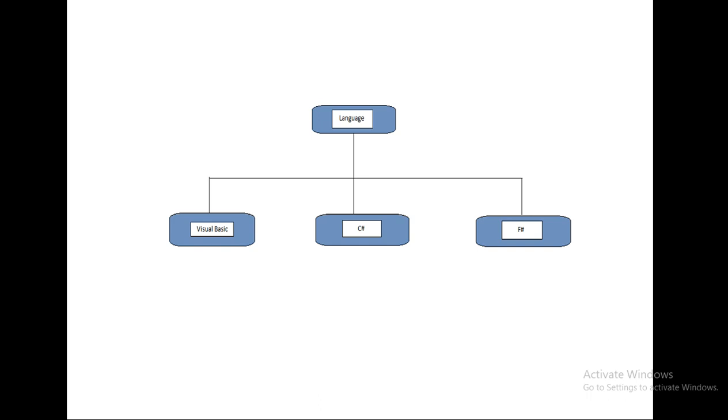That is why Microsoft developed these three programming languages. The first programming language is Visual Basic, the second one is C sharp, and the third one is F sharp. So Visual Basic, C sharp and F sharp.